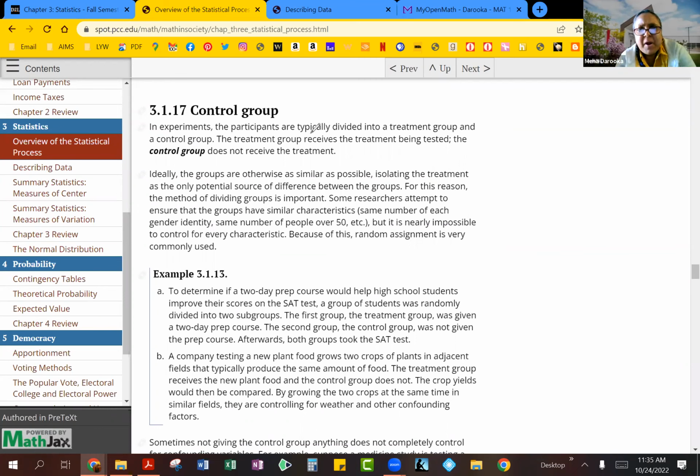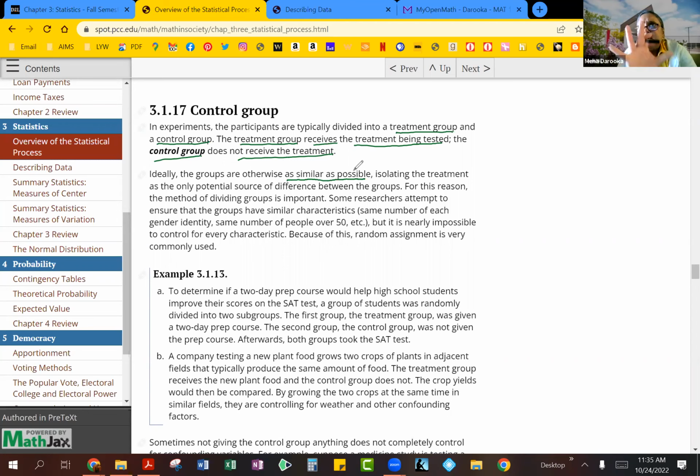So again, they're saying the participants are typically divided into a treatment group and a control group. The treatment group, as you can imagine by the name, is the one that is receiving the treatment. And the control group, of course, is the one that does not receive the treatment. So you try to keep the groups as similar as you can.